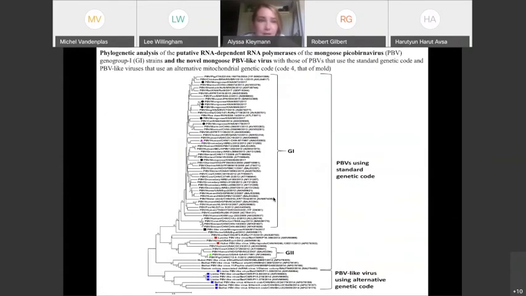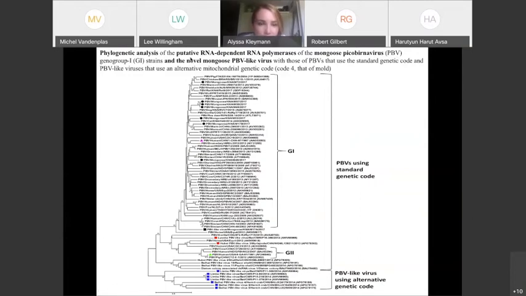So to create this phylogenetic analysis in this phylogram, the alternative genetic code of mold was used, since the theory is that PBVs may be prokaryotic viruses. Now, all 7 strains that use the standard genetic code clustered together in the genogroup 1 bracket, and the mongoose 17A clustered near the genogroup 1 bracket.